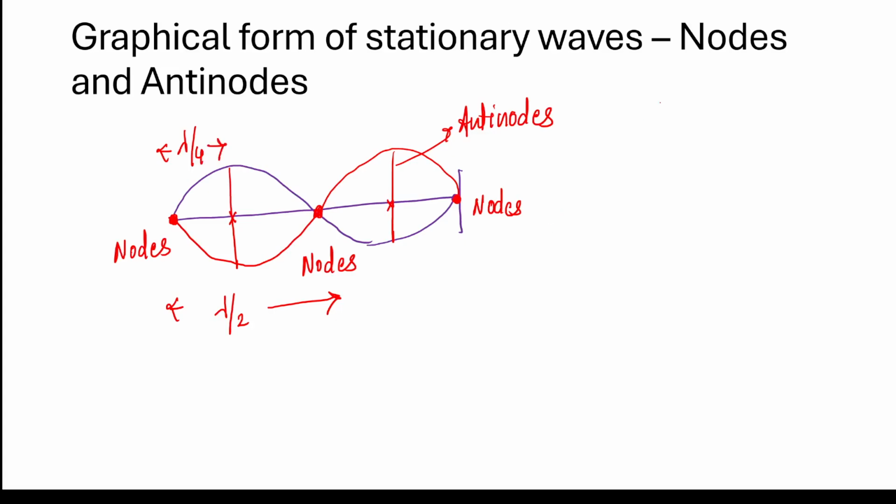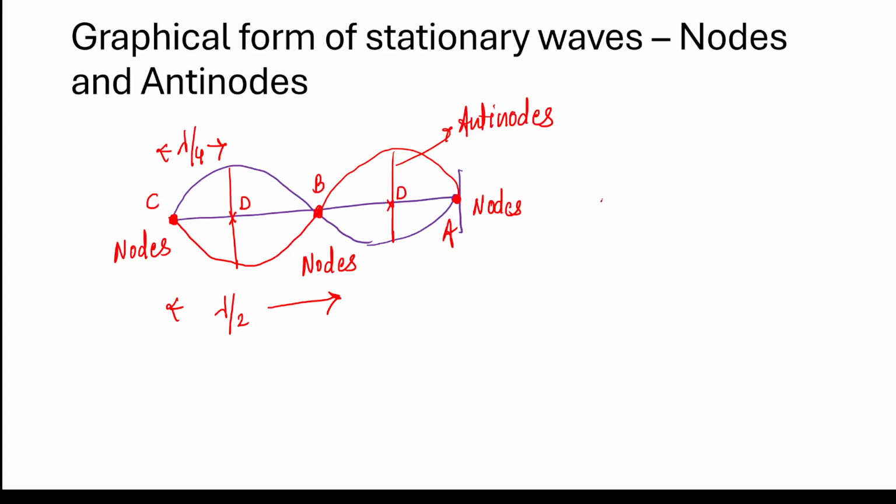Now, what is a node? A node is the position of minimum amplitude or minimum displacement. These positions are fixed, so they do not change. So if positions A, B, and C have zero amplitude, they will forever have zero amplitude on a stationary wave. If the position D has maximum amplitude, or both the D positions have maximum amplitude, they would not change.